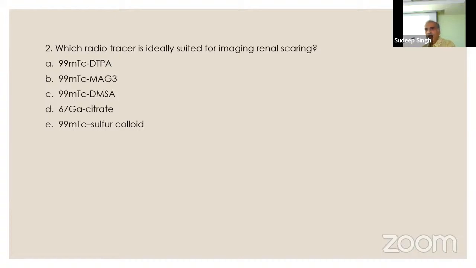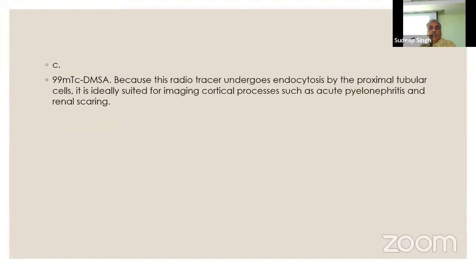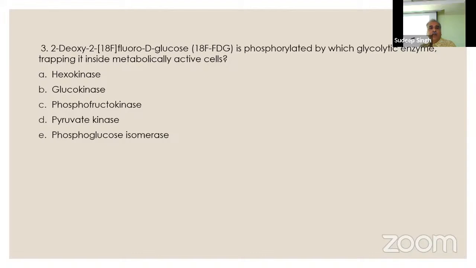And DTPA gives function, GFR, plus whether this is obstructive or not. And MAG3 is a better agent when we consider azotemia. If the patient has creatinine more than 3, you go for a MAG3 scan rather than a DTPA scan, because the extraction ratio is around 50%, whereas DTPA is around 20% only. So DMSA.